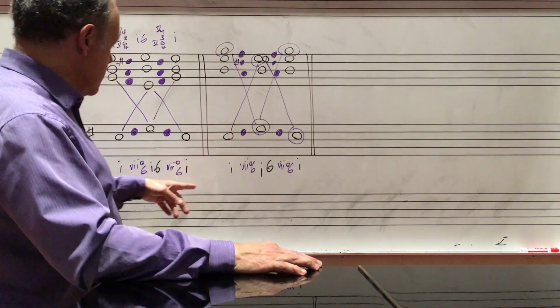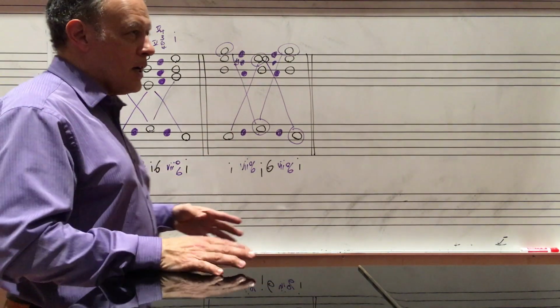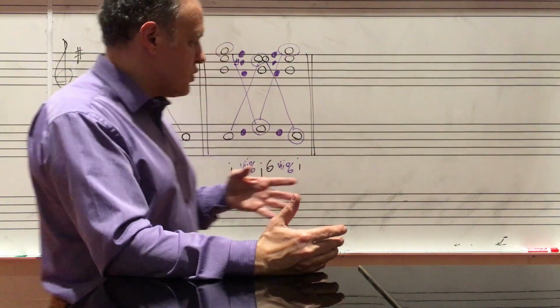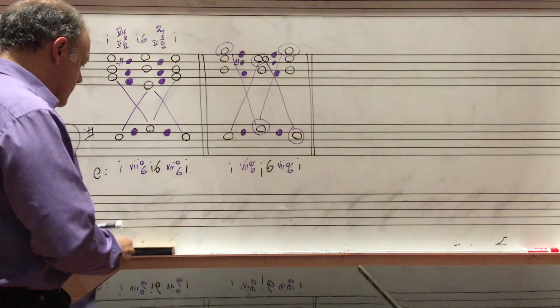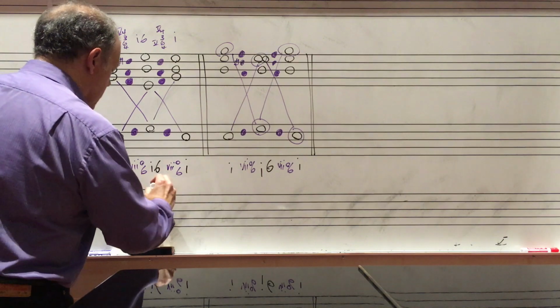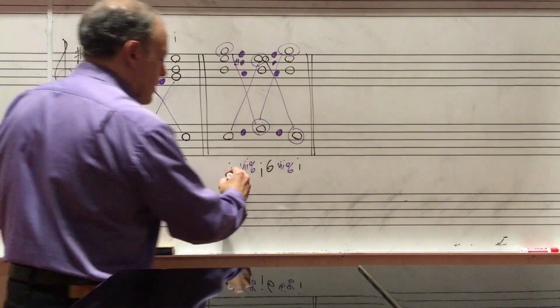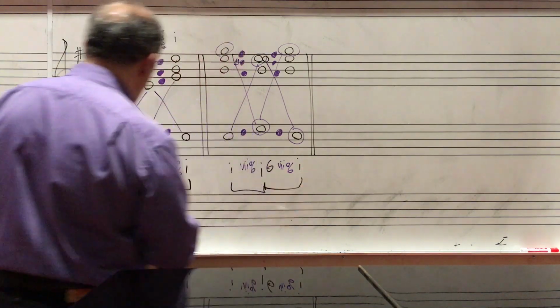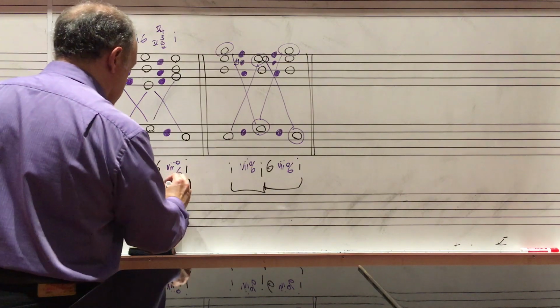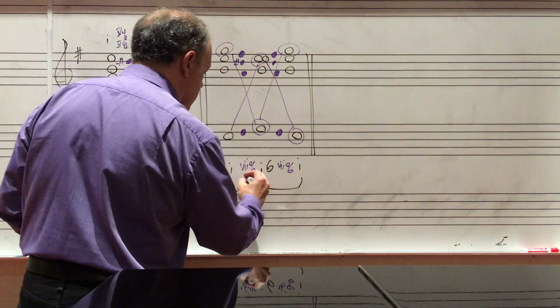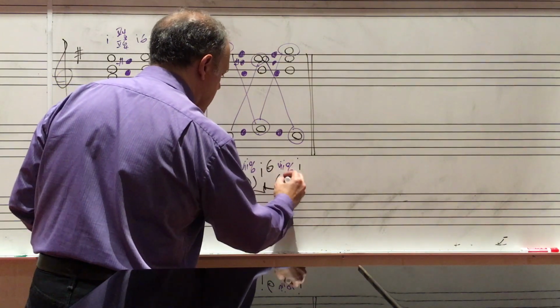Now, what this is doing is not giving us a lot of harmonic range. Remember, the main idea is essentially prolongation of tonic harmony by a dominant function chord in the middle.